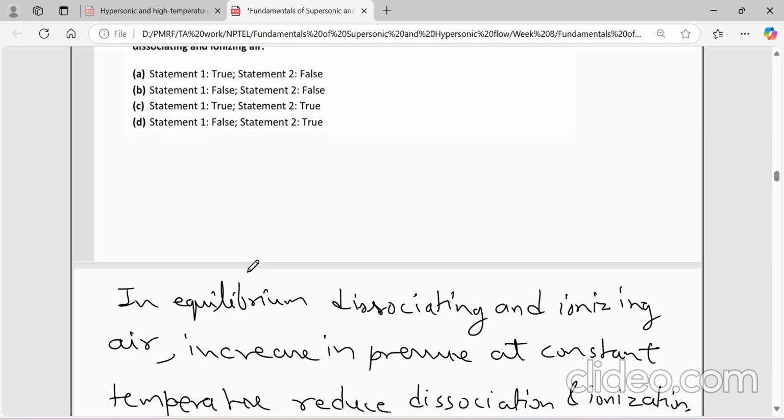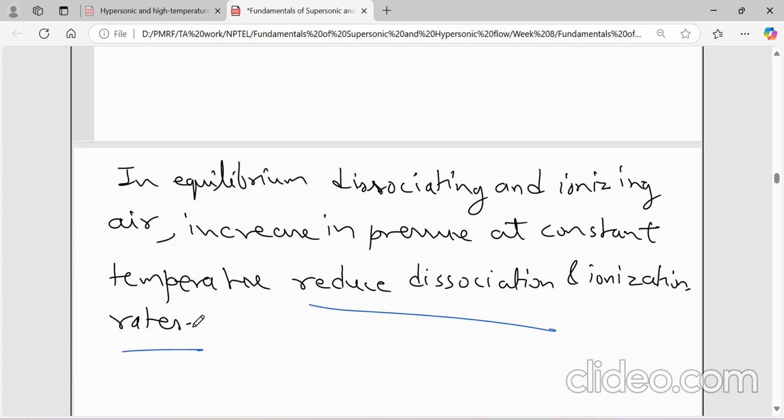So what will happen if, let's say, pressure increases? Dissociation and ionization decreases.